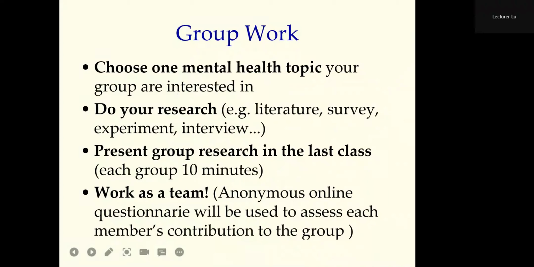And then you are going to do your research in your group. It's not a scientific research. You are doing some literature work, reviewing some literature. There are many online resources or books or magazines or journals, or you can do your own survey.